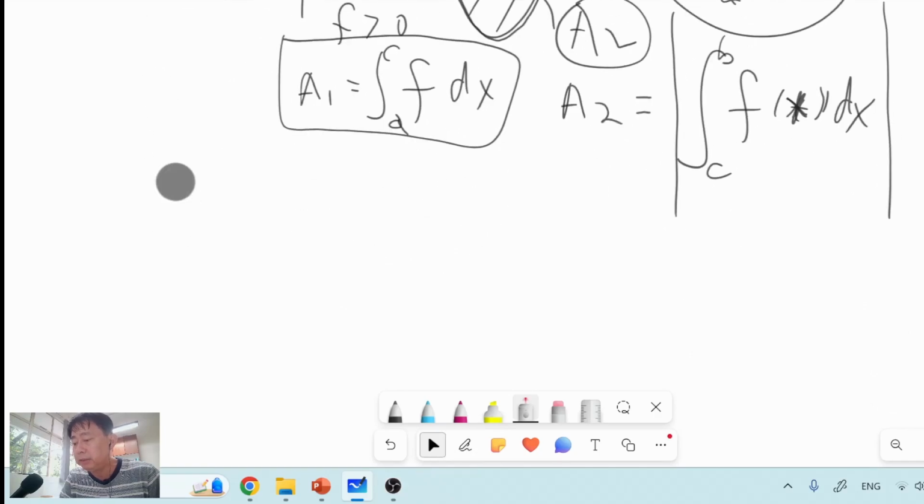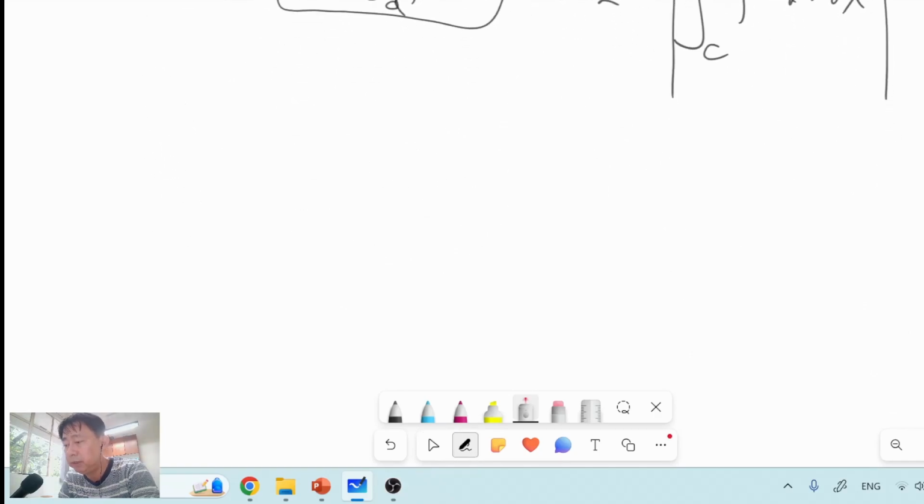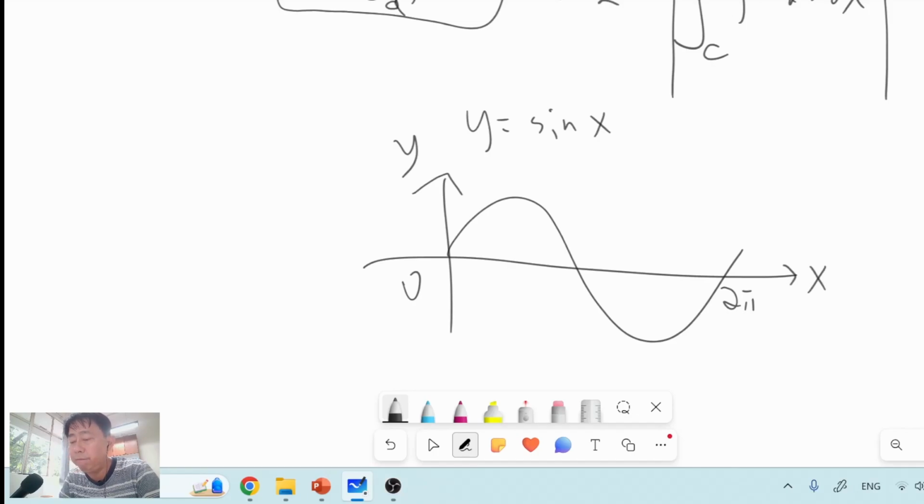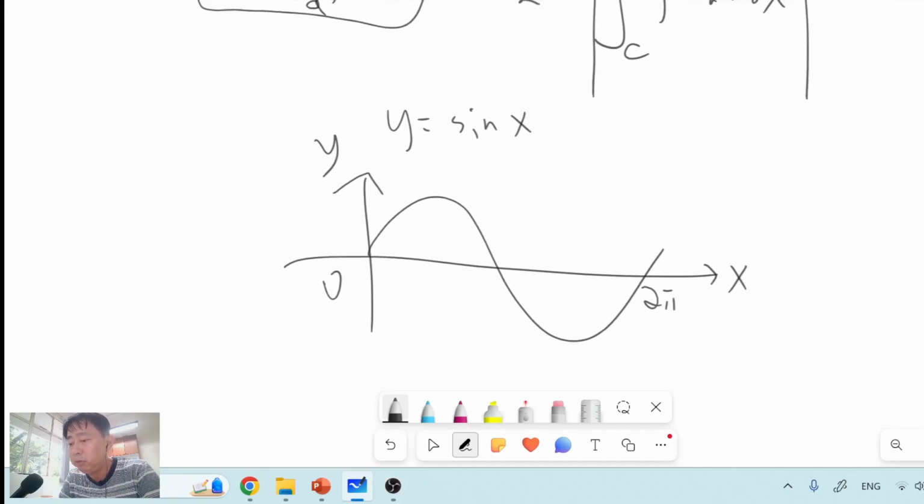So here, let us look at example 7. The question says you have a function y equals sine x, and we are asked to calculate the definite integration of sine x between 0 and 2 pi. So here you are not asked to calculate the area of the function between 0 and 2 pi.